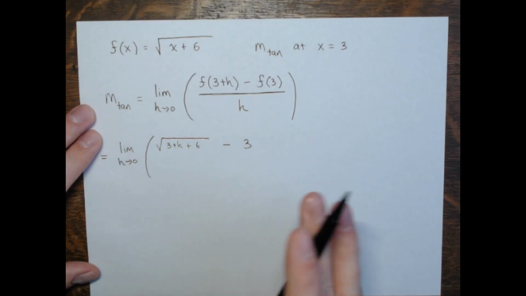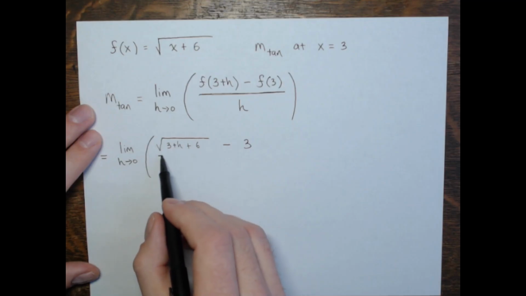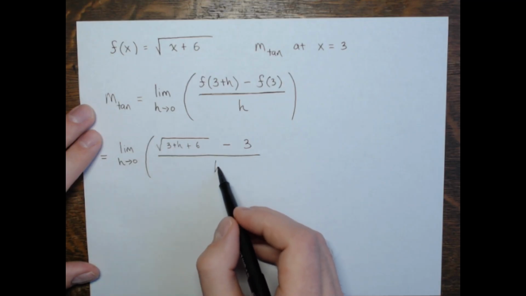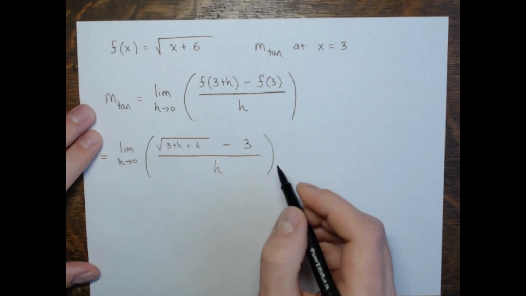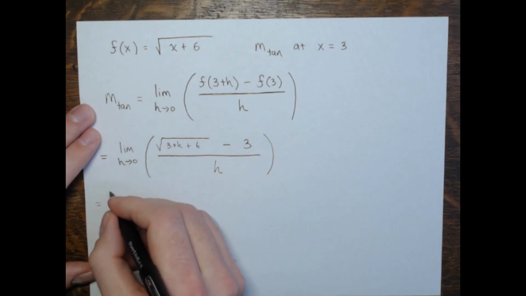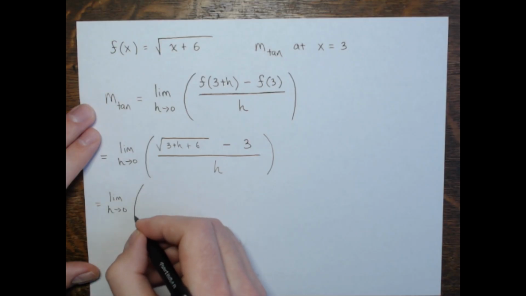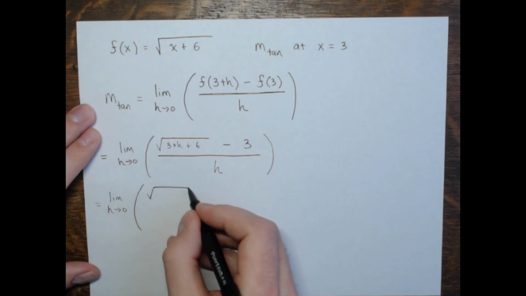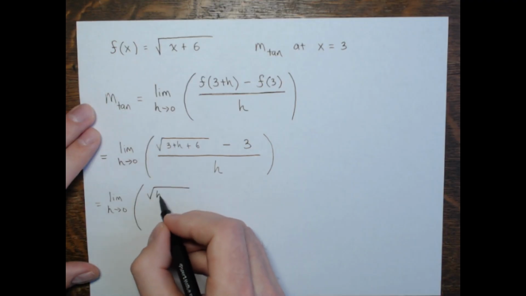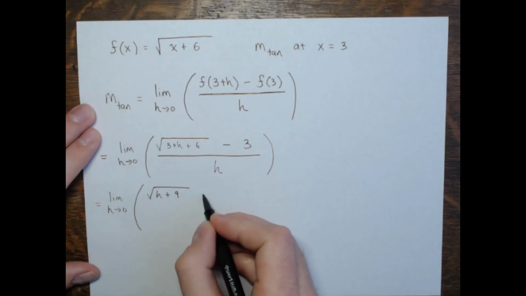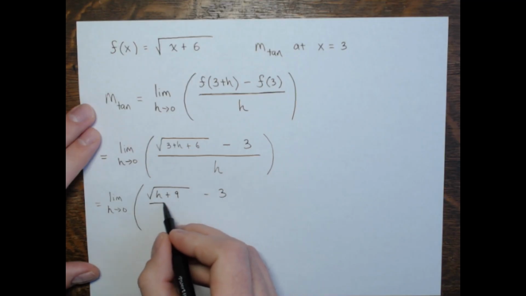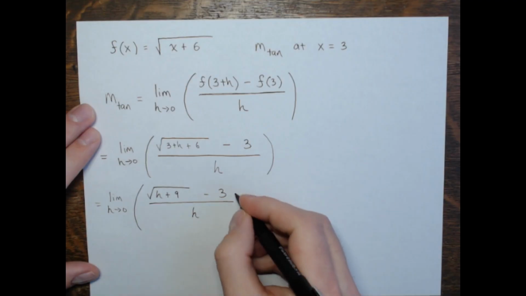And then all that divided by h. So like I said, this is the limit as h approaches 0 of the square root of h plus 9 minus 3 in the numerator and h in the denominator.